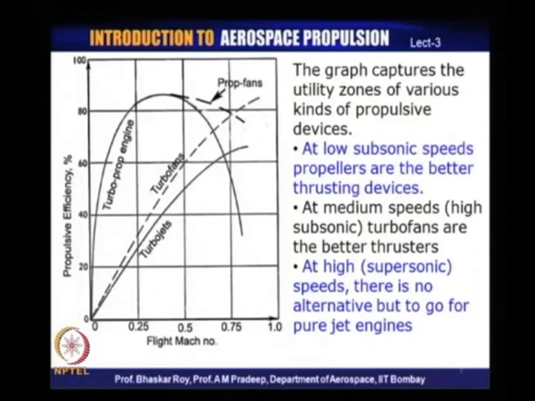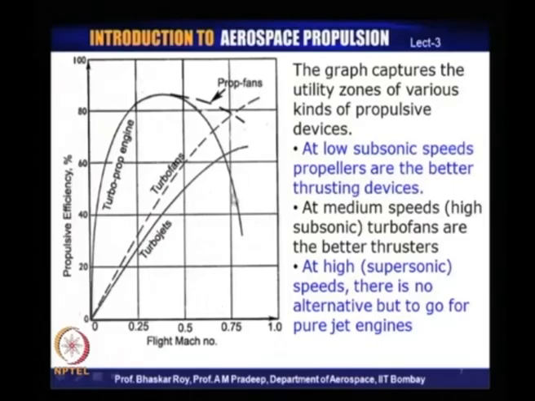This graph here now tries to capture the various kinds of propulsive efficiency variations with flight Mach number for various kinds of engines or propulsive devices. If you look at this graph now, the turboprop engine, which as I mentioned operates with a high mass flow and a small change in momentum, operates with a high propulsive efficiency almost through its entire operating range, and somewhere over here it starts dropping when the flight Mach number is high or high subsonic.